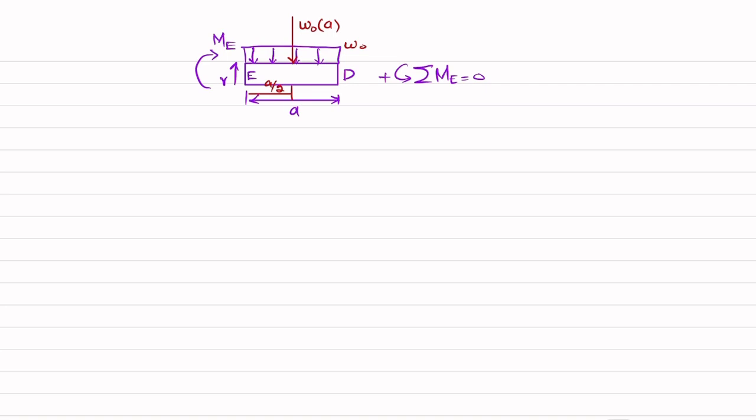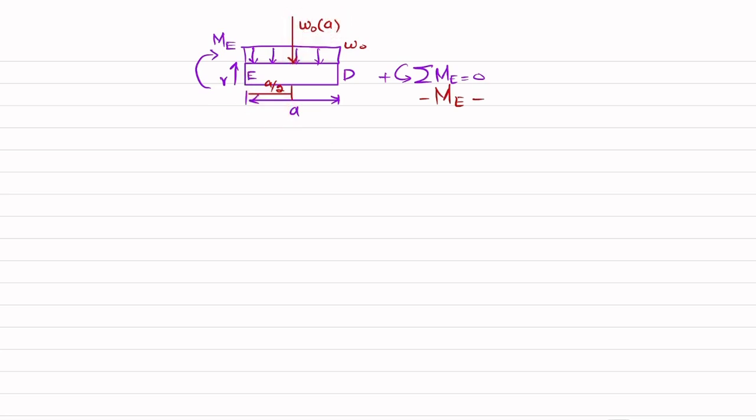Clear? Now we'll apply the equation of equilibrium, that sum of all moments about point E is equal to 0. So you can see one moment is clockwise, which is the external reaction moment, so it will be negative, and the second moment about point E is w naught into a into distance a by 2, which is also clockwise, so it will be negative.